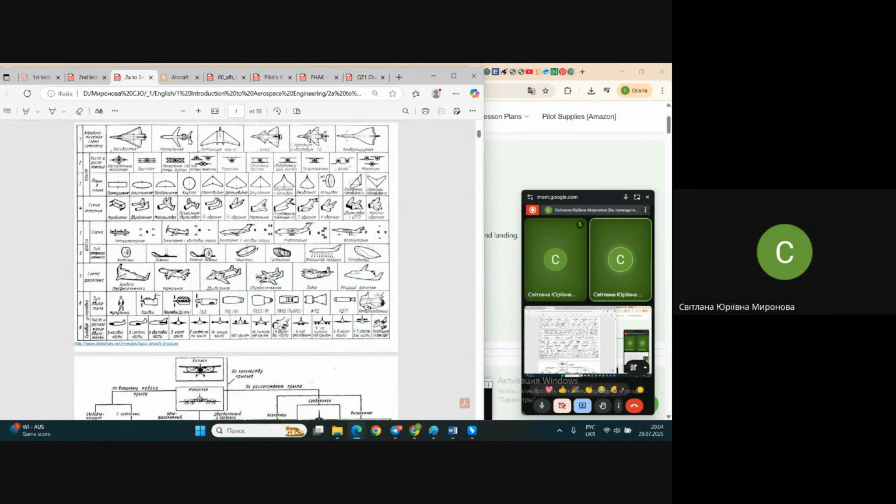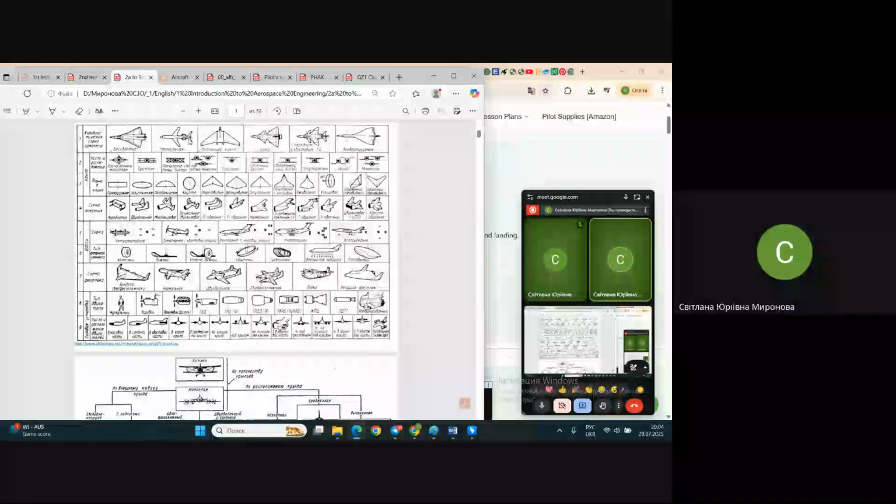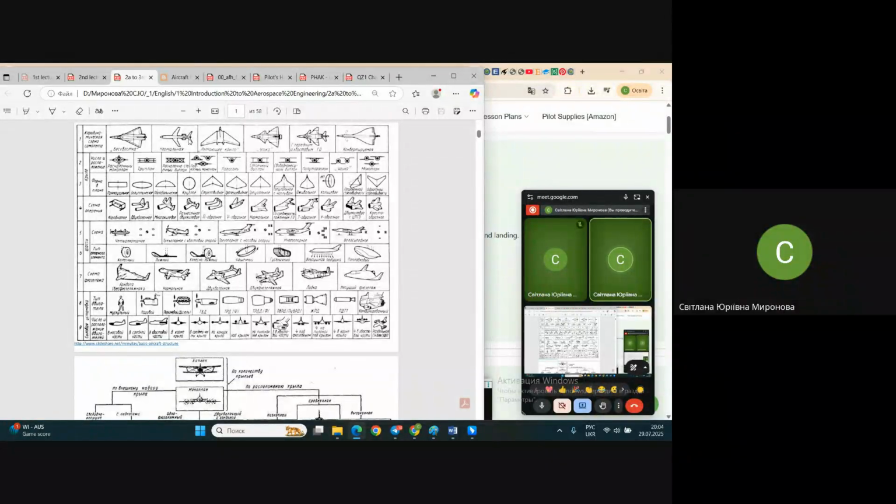In the military group, also by purpose, depending on what they are going to do. It may be reconnaissance, fighter, attack plane, or bomber. Bombers may be different. There are so-called front bombers and strategic bombers, and we may continue.